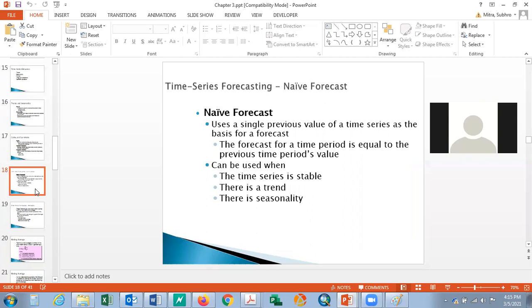In the naive technique, you don't do much math. It's a thumb rule. So tomorrow's forecast would be the same as today's actual. You don't do much math, but sometimes this works.